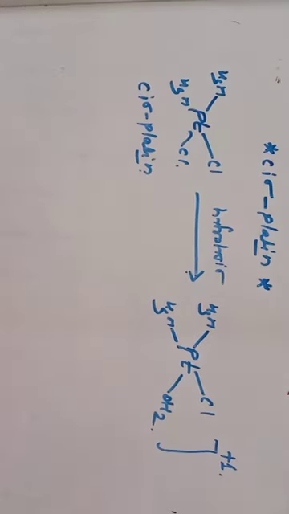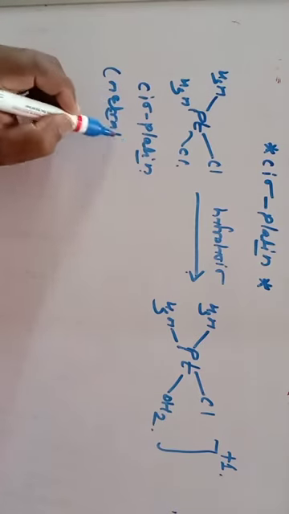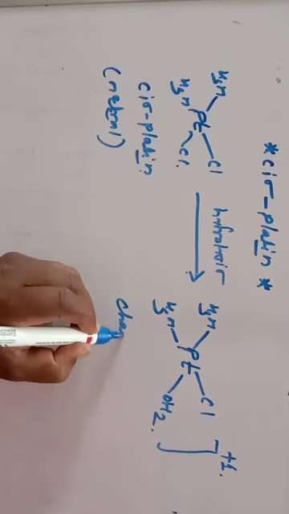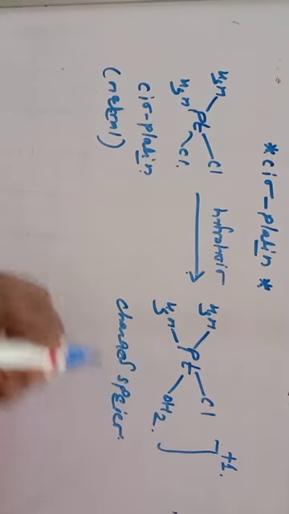So in the cell, the neutral molecule, which does not have any charge, undergoes hydrolysis and is converted into a charged species.